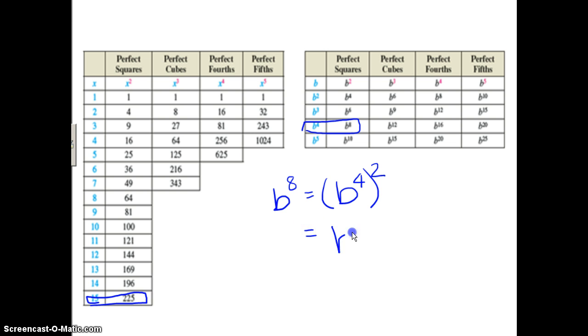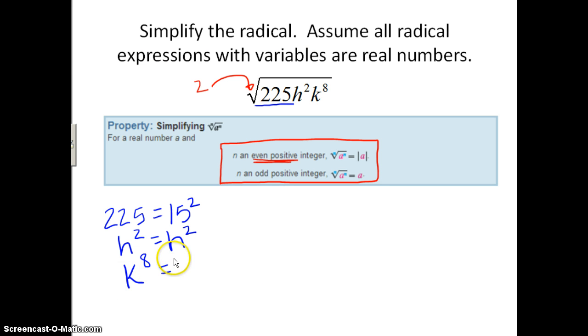Remember your exponent rules. If you have a power raised to a power, you multiply the powers. So if I have b to the 4th power and I raise it to the second power, I have b to the 8th. So b to the 8th is a perfect square. We can rewrite k to the 8th as k to the 4th squared. What we want to focus on is that we were able to rewrite everything underneath the radical sign as a perfect square.